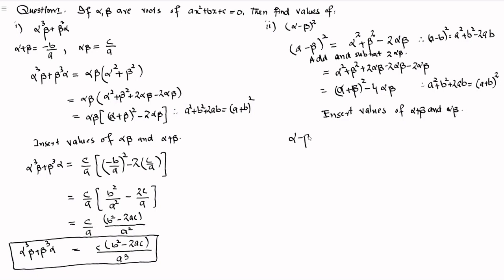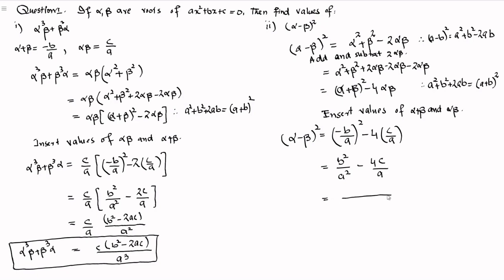So alpha minus beta whole square is equal to, for alpha plus beta we will insert minus b by a whole square minus 4, and for alpha beta we will insert c by a. So minus b whole square is b square, a square, minus 4c divided by a.